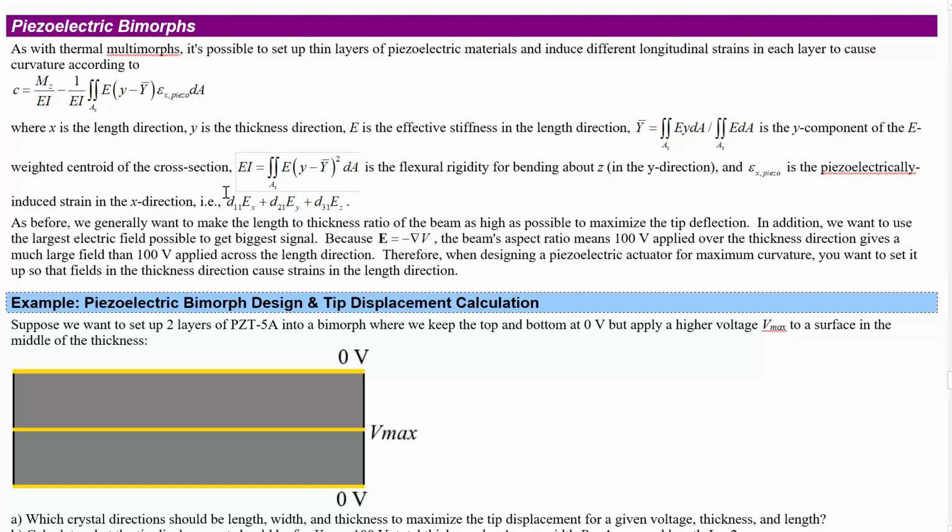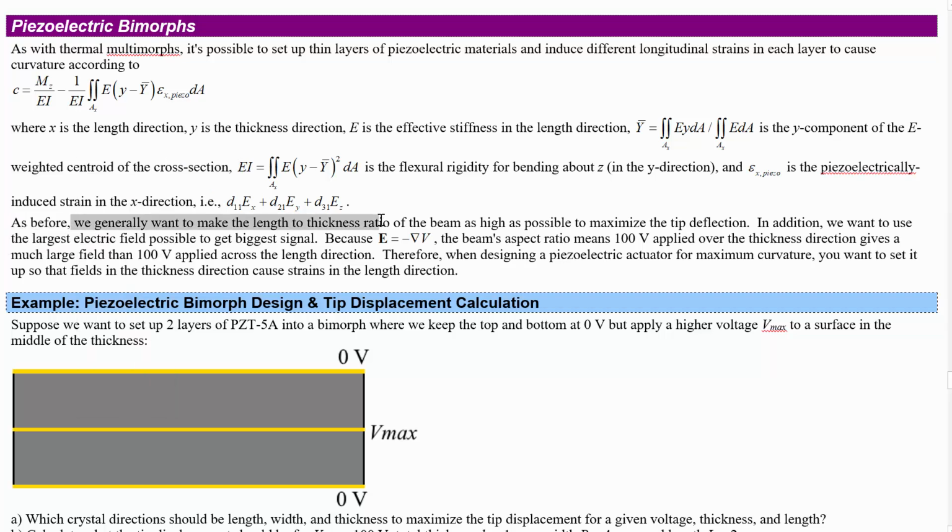Okay, so EI, as before, is the flexural rigidity for bending in the y direction. Piezoelectric strain in the x direction would be found by multiplying D transpose times E and taking the first component to get the x strain. You'd have D11 Ex plus D21 Ey plus D31 Ez.